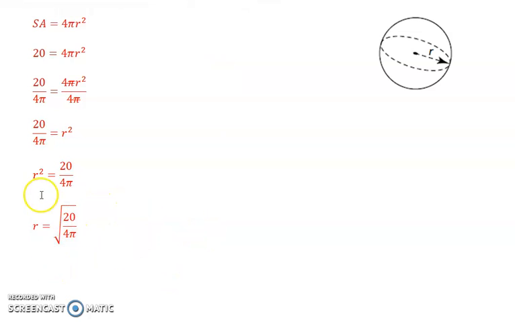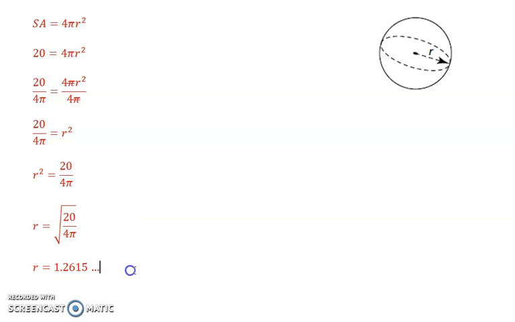And now this is when you want to plug it in your calculator, okay? So once I plug this in my calculator, I take r equal to the square root of 20 divided by 4 pi, and I get 1.2615. That's all you need.